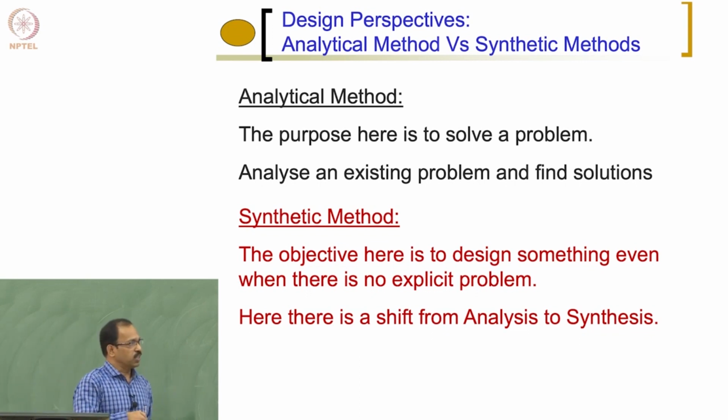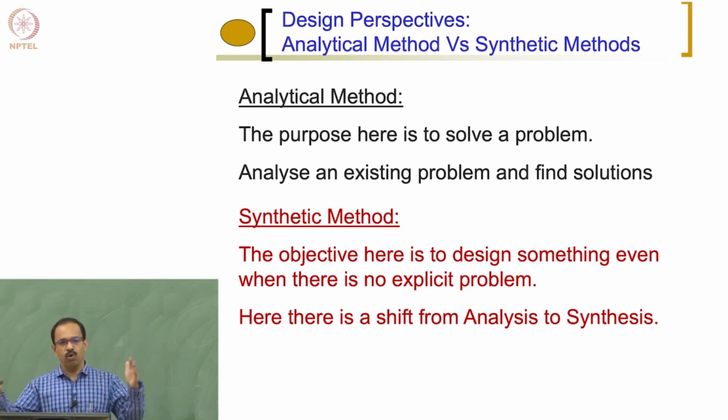The objective here is to design something even when there is no explicit problem. Nobody has found a problem as such, but we feel that there is a potential opportunity to develop a new product. So you synthesize the existing things and see what is available in different domains, different technologies. How do we use that in order to develop a new product?